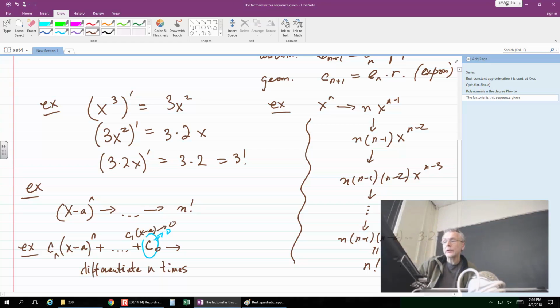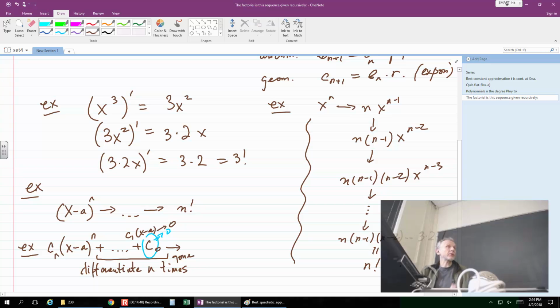Well, it will take 2 differentiations to get it to 0. If you get the next term, which has the power of 2, it will take 3 differentiations to kill. The 4th degree will take 4 differentiations, and so on. So if you have n terms and n differentiations, then all of them will die except for the very first one.